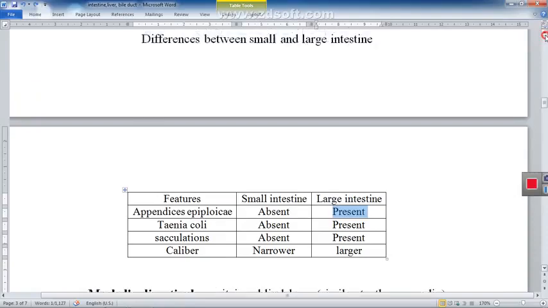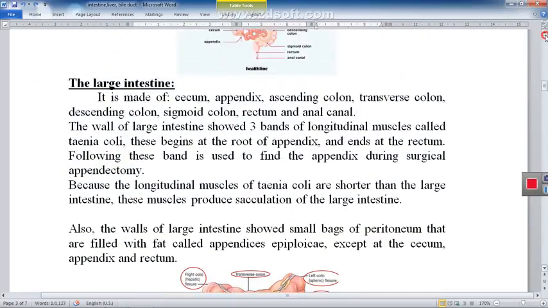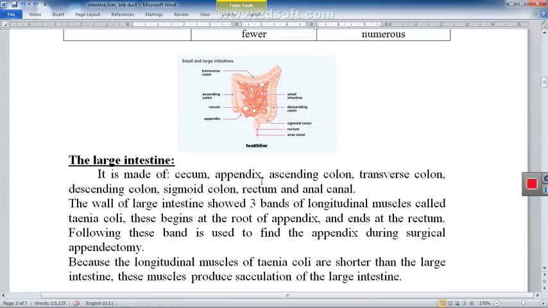Actually, the tinea coli have something important in surgery. If you have a small incision at the right iliac fossa, which is called the McBurney incision, and you want, through this opening, to remove the appendix because it is inflamed, you can open here in the right iliac fossa, the McBurney incision, midway between the anterior superior iliac spine and the umbilicus.